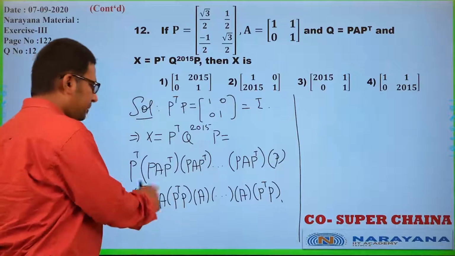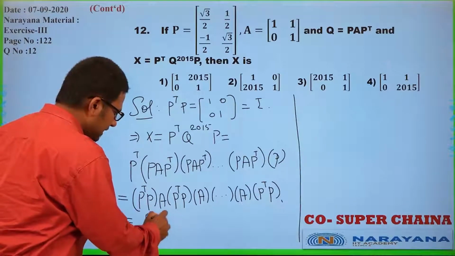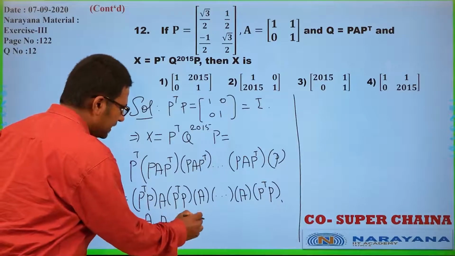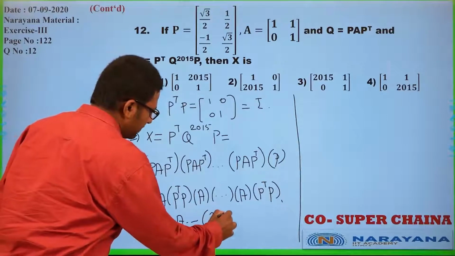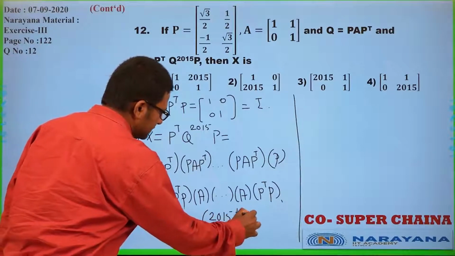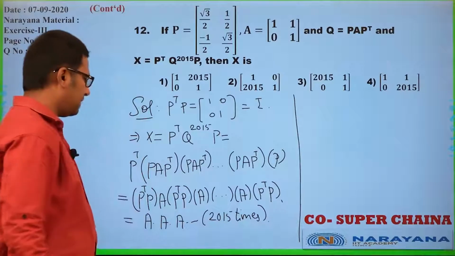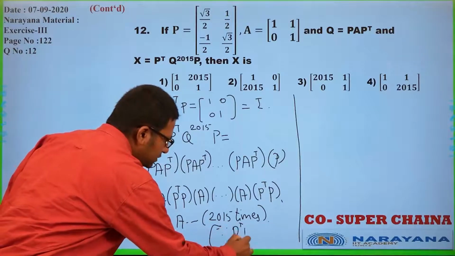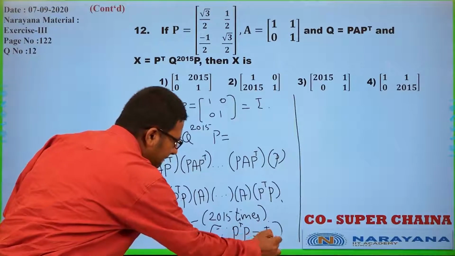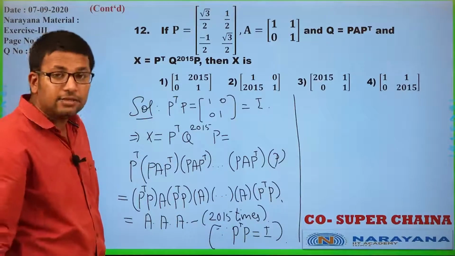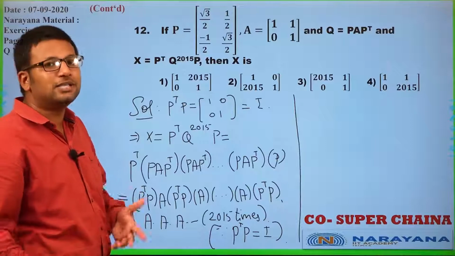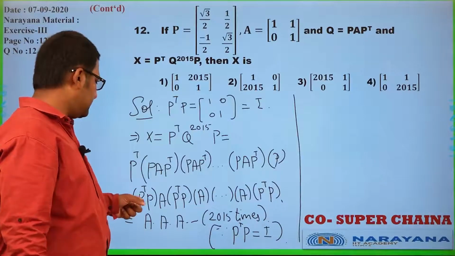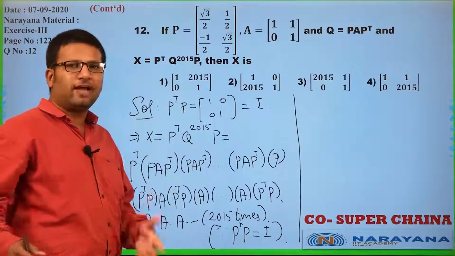So this is simply A multiplied 2015 times, right? Because since P transpose P is I, right? See, that is the interesting way the question has been devised, that P transpose P will sort of vanish.